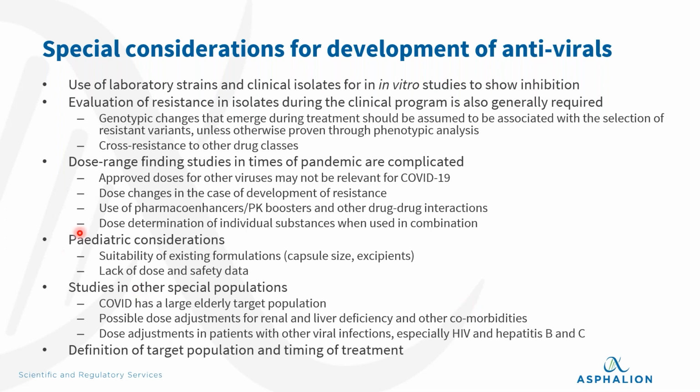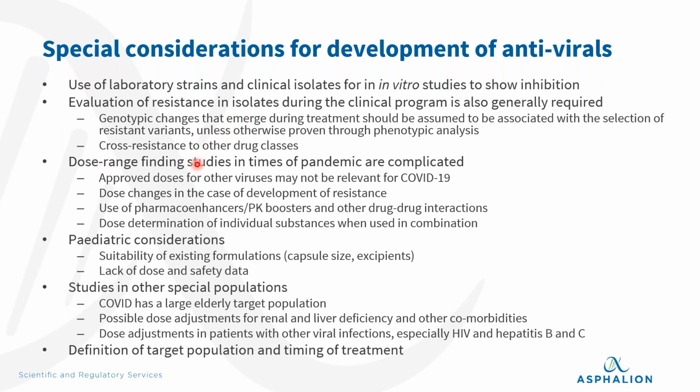So usually you have to look for genotypic variants and so on in the different isolates that you find. There is also a risk that you may cause cross-resistance to other drug classes. So this is not commonly shown, but it is a risk that has to be considered when applying these drugs.